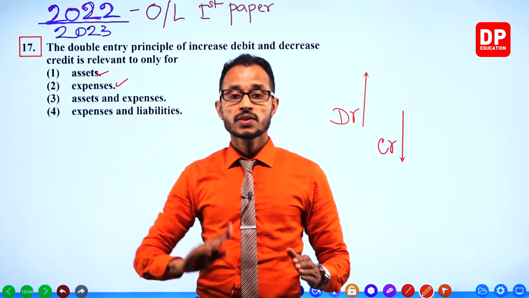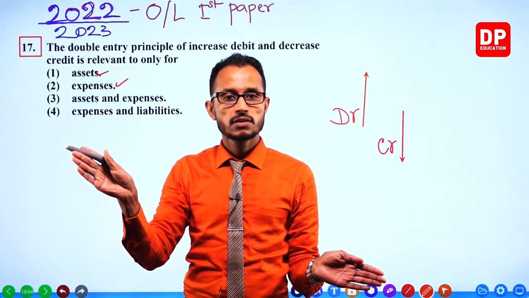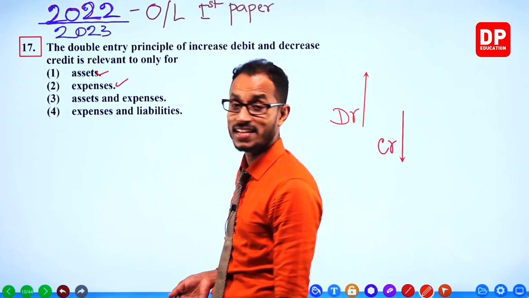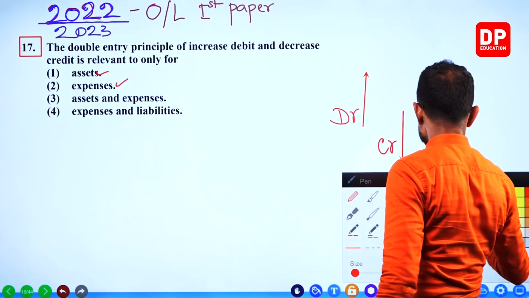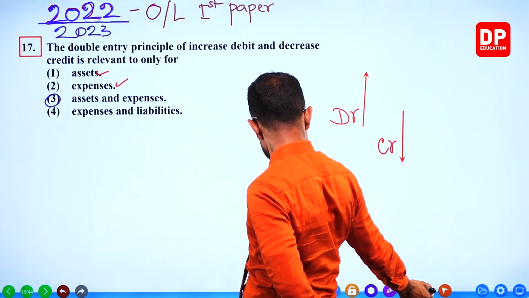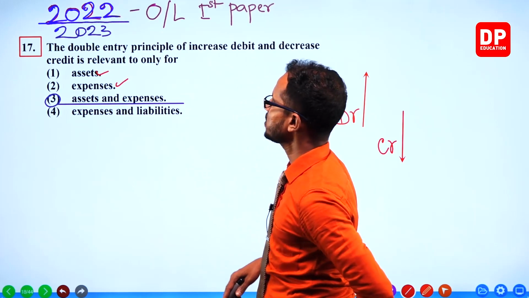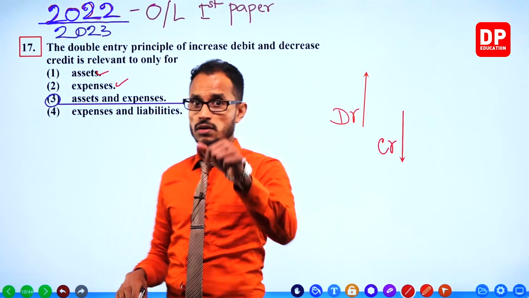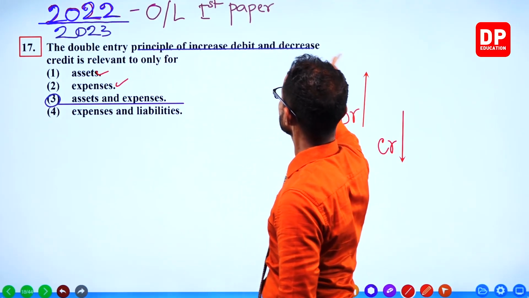Because increases are debited and decreases are credited. Then we have assets and expenses. So obviously this is the answer. Both are increase debit, decrease credit. That is the double entry principle, right?